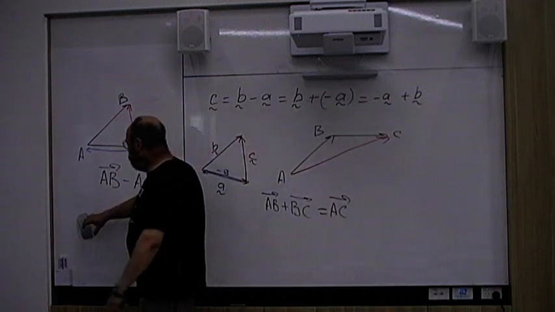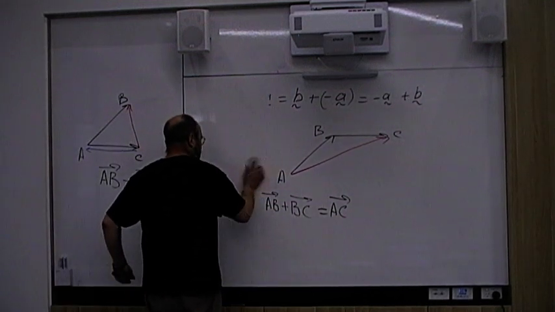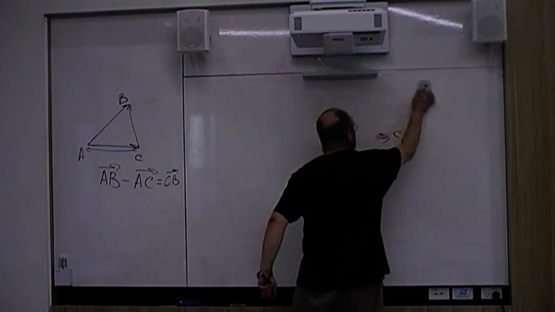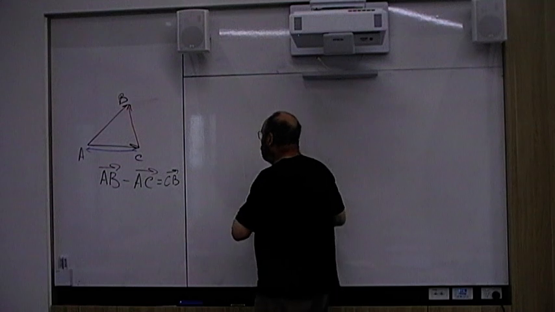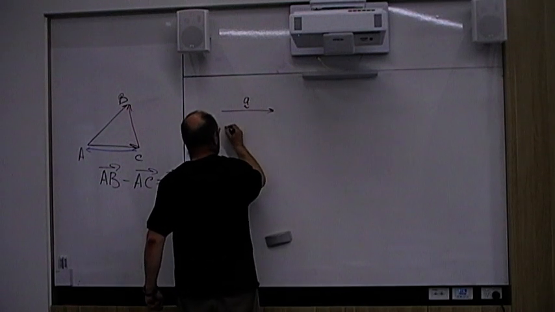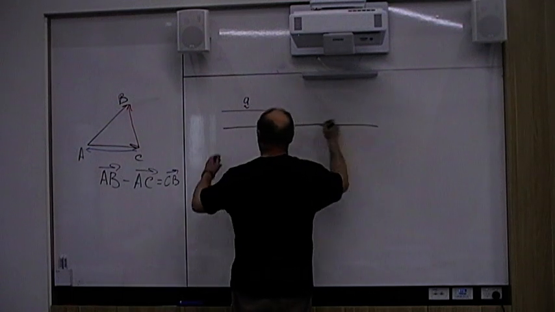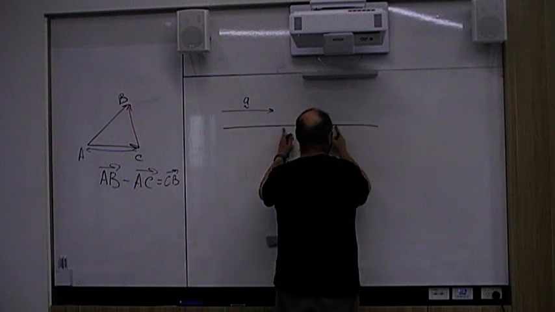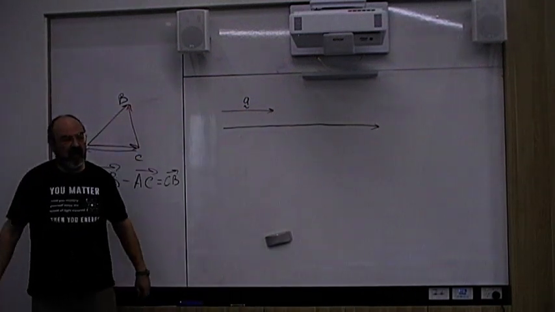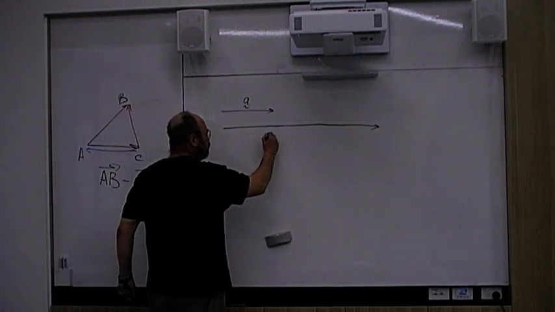Now, multiplication of a vector by a scalar, and parallel vectors. If this is vector A, this vector, which has the same direction but is 3 times longer, will be 3A.